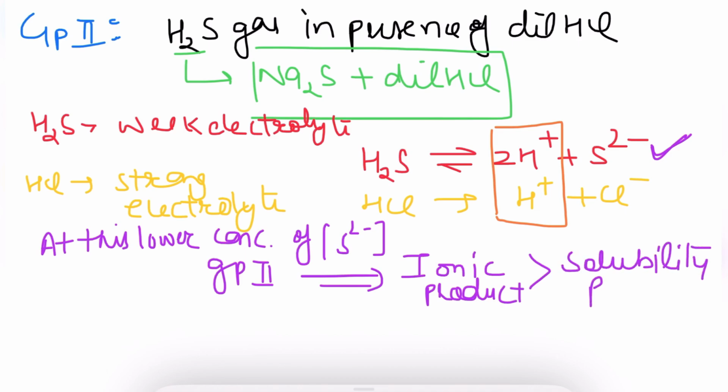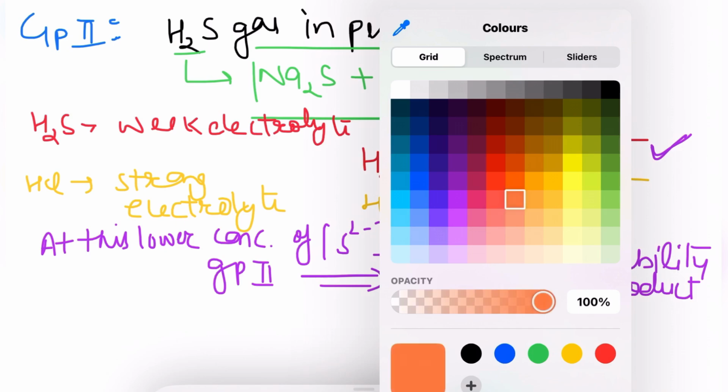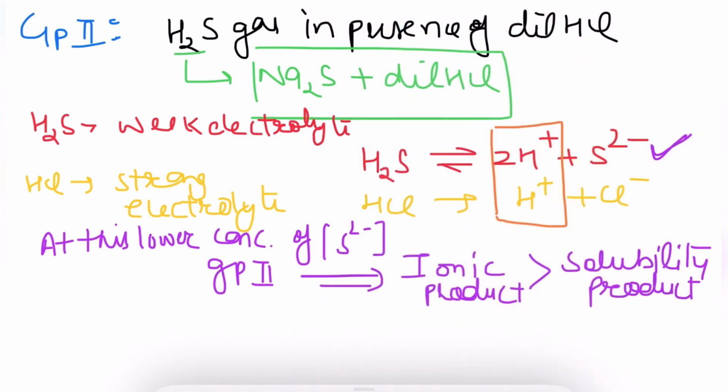If the ionic product is more than the solubility product, then this results in precipitation of a compound. So as H2S gas is passed through the solution in the presence of dilute HCl, the precipitates of group 2 are sulfides, which are black in color.